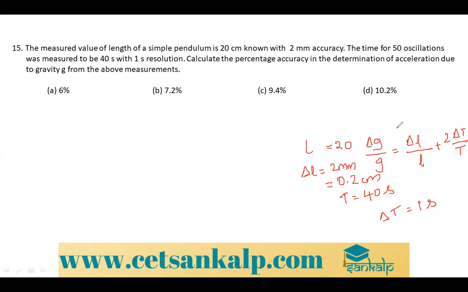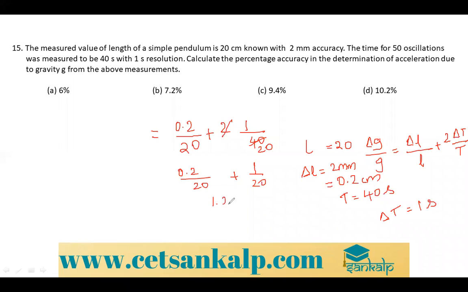So let us see one by one. I am going to substitute the values now. Delta L value is 0.2 divided by 20 plus 2 into delta T, which is 1 by 40. So 2 ones are 2, 20s are 40, so it is 0.2 divided by 20 plus 1 divided by 20.